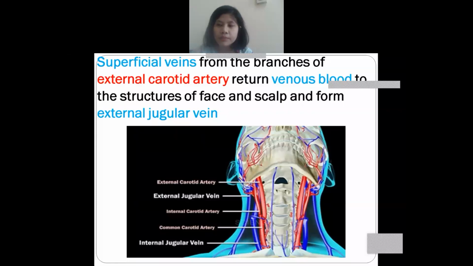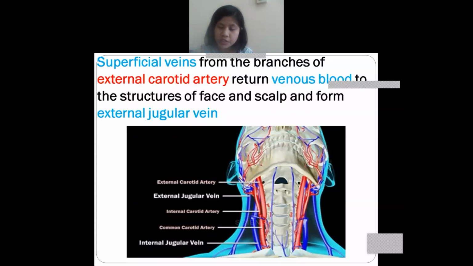The superficial veins form the branches of what? They form the branches of the external carotid artery, which you will find in this area, somewhere in the middle portion. And they return the deoxygenated blood from which part?